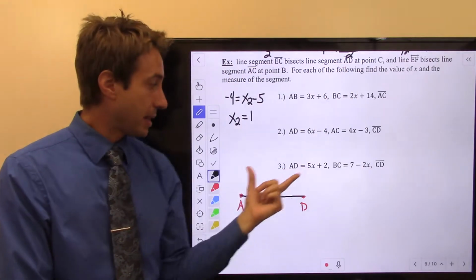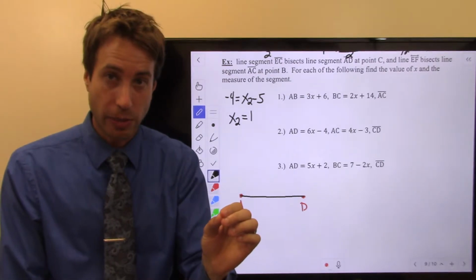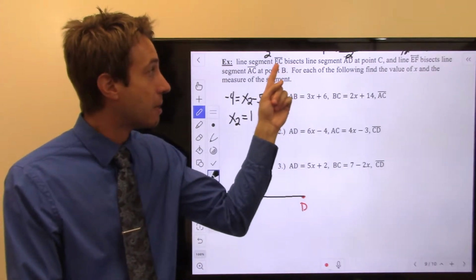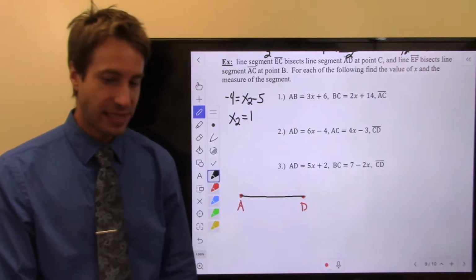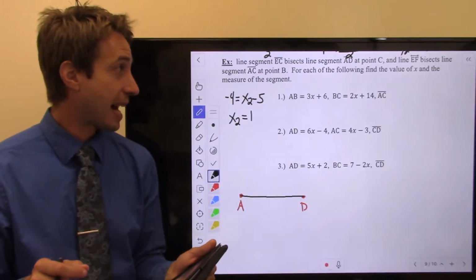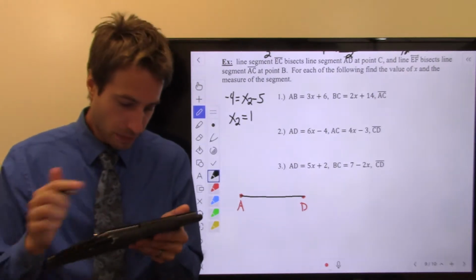That line segment AD is bisected. It does not say perpendicular bisector. It just says that it is bisected by EC at the point C. So, since it doesn't specify, you could really do whatever you want here.